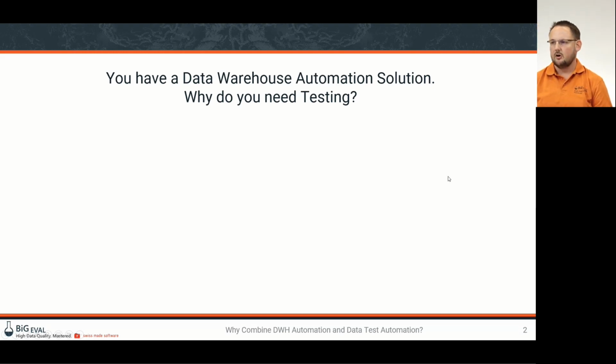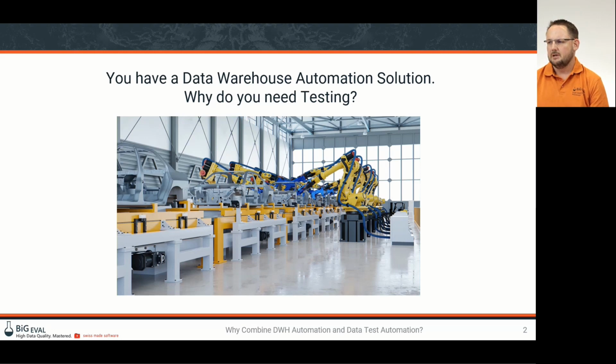You may think, oh, now I have a data warehouse automation solution. Everything gets generated for me, and it helps me build a high-quality data warehouse. Why do I need testing? And I have an analogy for this with this picture here. Please think of a factory plant where everything is automated. You have robotics and so on that build products, cars in this example. Do you know any factory that has no quality assurance at the end?